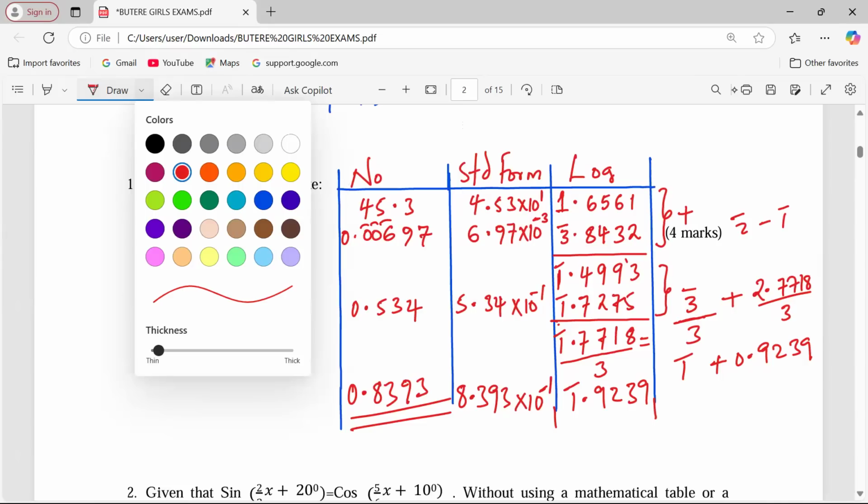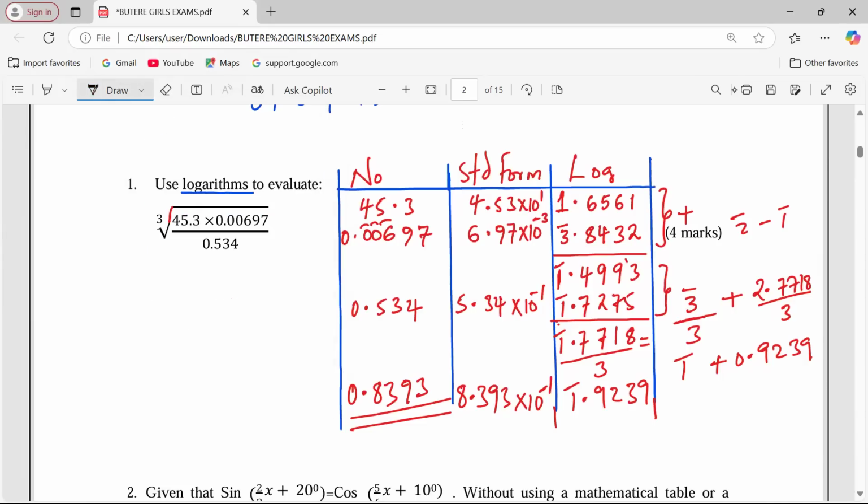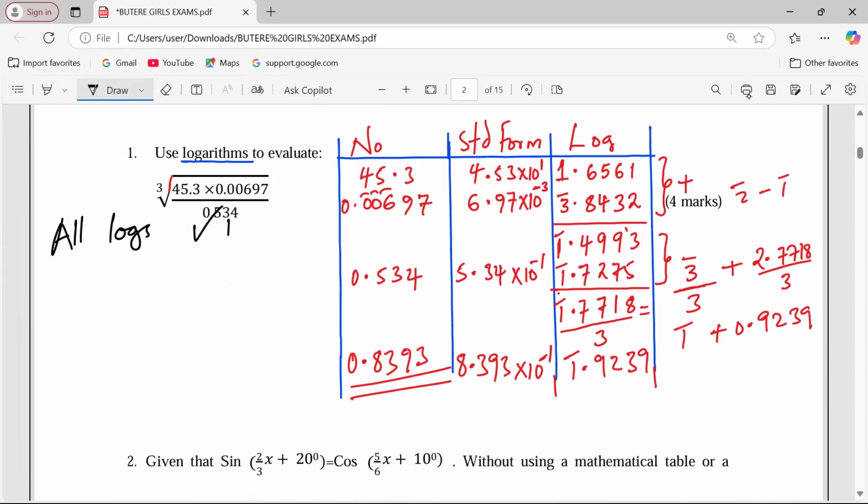It's good for you to know how this question is marked. All logarithms, they get 1 mark, a method mark. All logarithms properly extracted, either from the calculator or a math table. Whether you add them, you divide them, whatever you do, by just reading them correctly, you get a mark. Then we have addition or subtraction of logs.